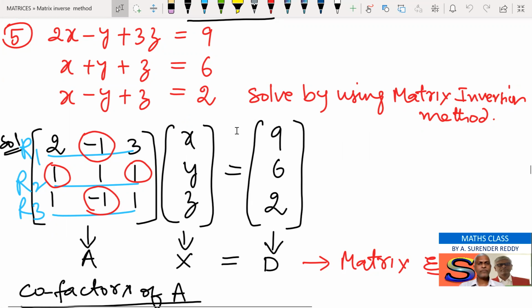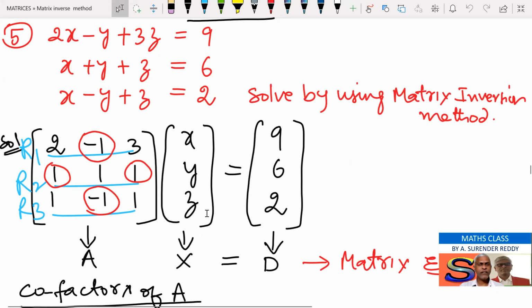Let us first convert this equations into matrix equation. Algebraic equations into matrix form. The first one, coefficients of x, y, z in all the 3 equations will be the first matrix, that is A, coefficient matrix.